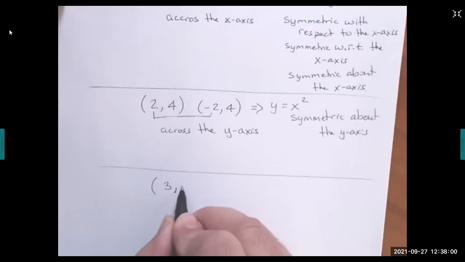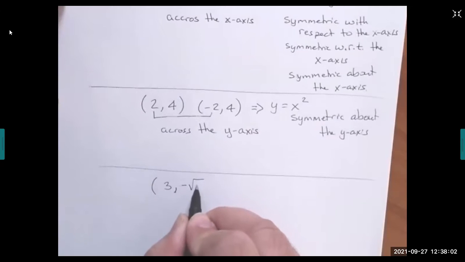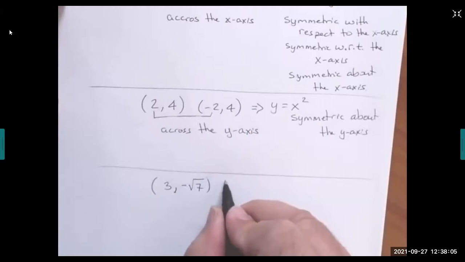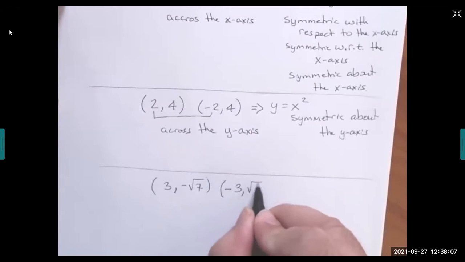Then the last one, (3, negative radical 7) and (-3, radical 7).